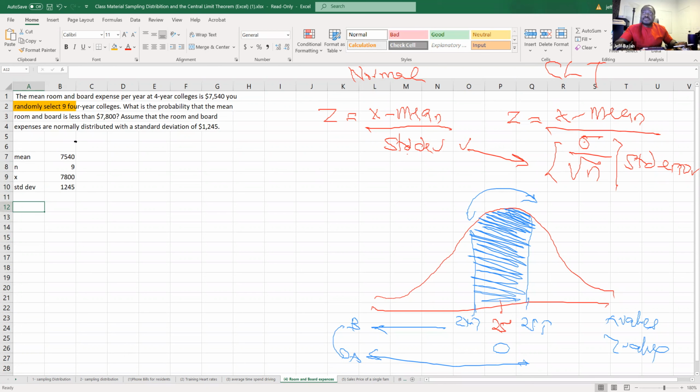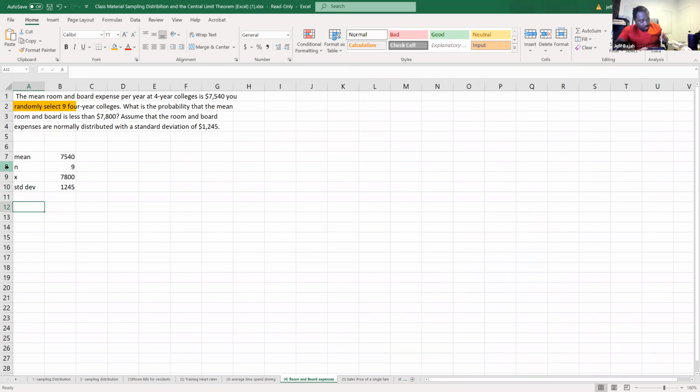Questions so far? We can even draw this. For me, and maybe because I'm old, when I draw, I tend to see it better. So the mean is 7,540, and the x is 7,800, but we're told it's less than.